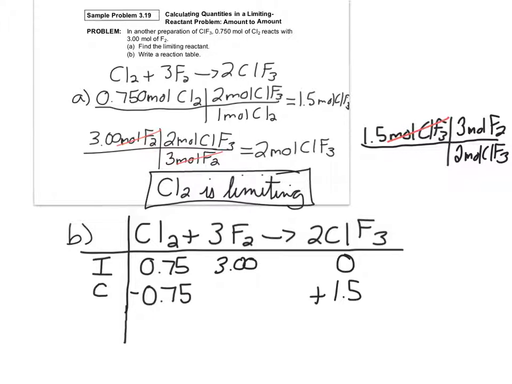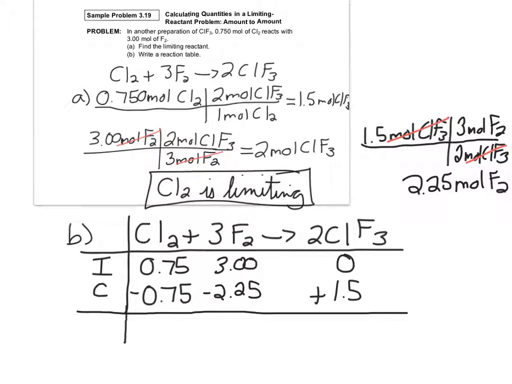And then I have moles of ClF3 divided by moles of ClF3 canceling out. And let me do my math here. I've got 1.5 times 3 divided by 2 equals 2.25 moles of fluorine is how much we used up. So I'm going to put that here. So minus 2.25.